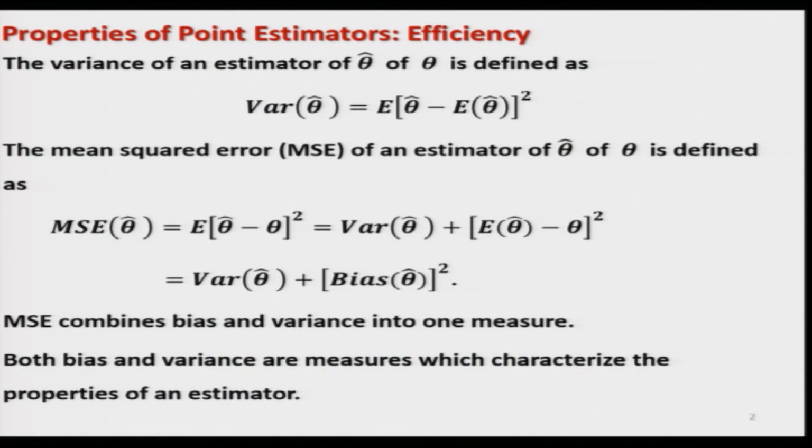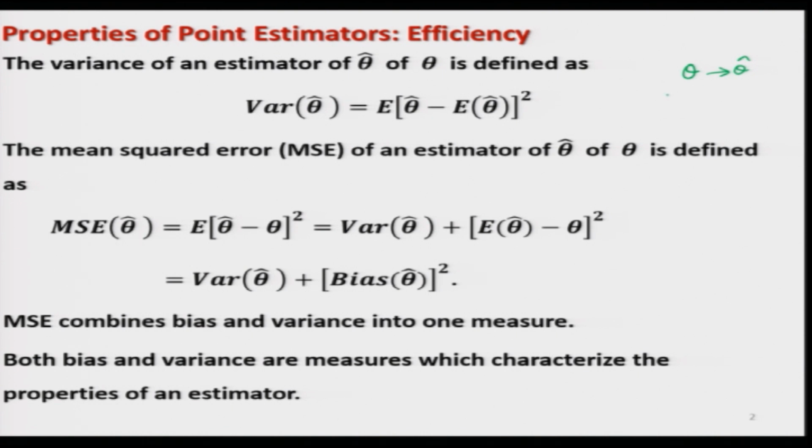So, now you can recall our discussion when we discussed the development of the concept of variability. We had estimated a parameter theta by theta hat. Now, there are two options.